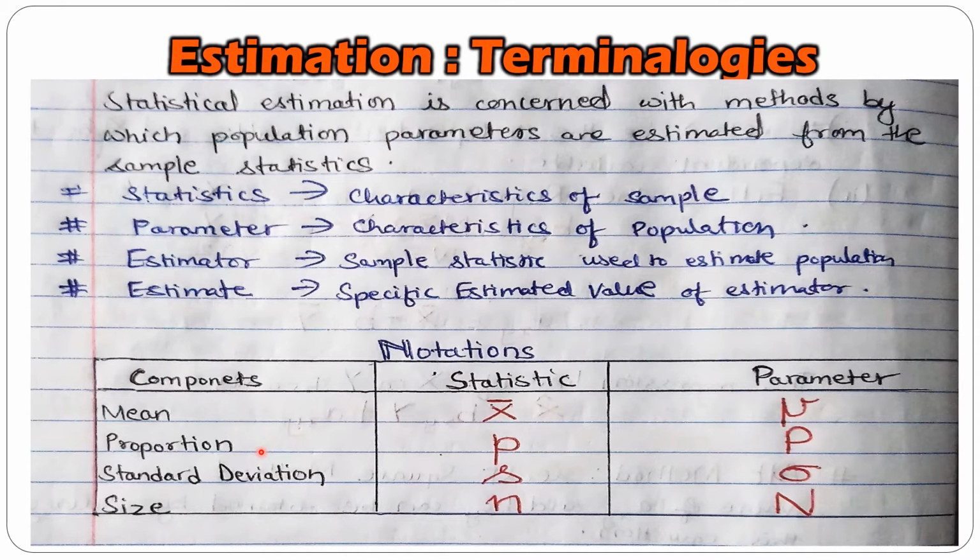For proportion, we have small p for statistics and bigger P for parameter. For standard deviation, we use small s for statistics, whereas sigma for parameter. And for size, we use small n for statistics, whereas a big N for parameter.